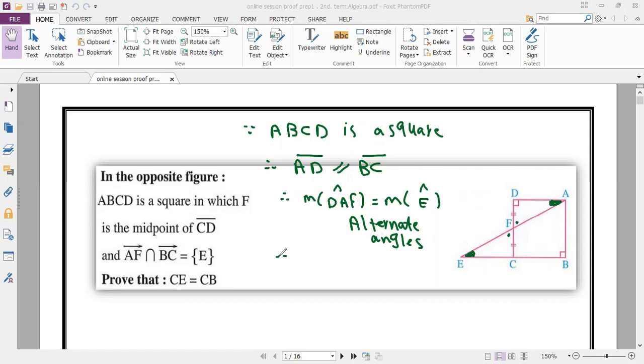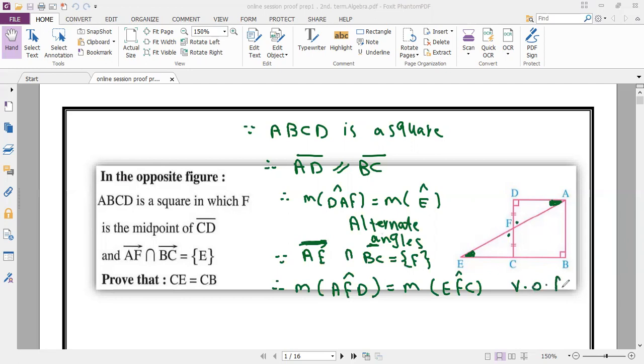So we will write: since ray AF and ray BC intersect at the point F, then measure of angle AFD is equal to measure of angle EFC, because they are two vertically opposite angles.